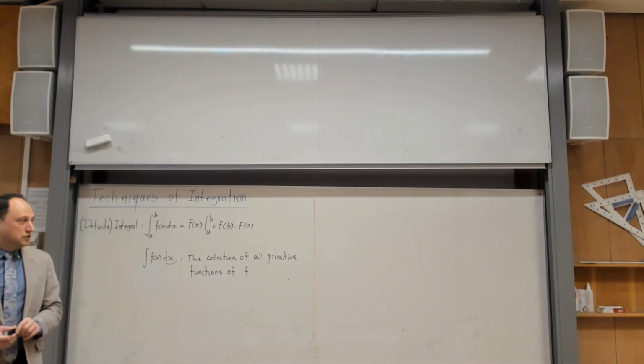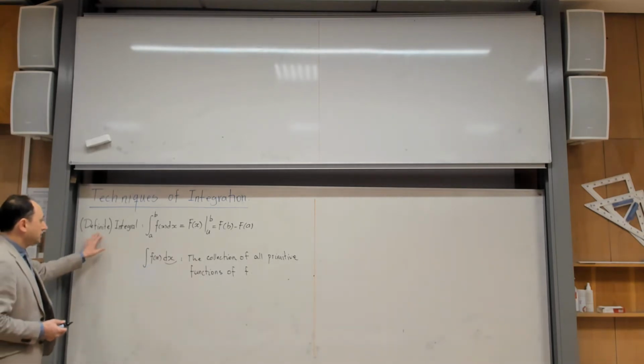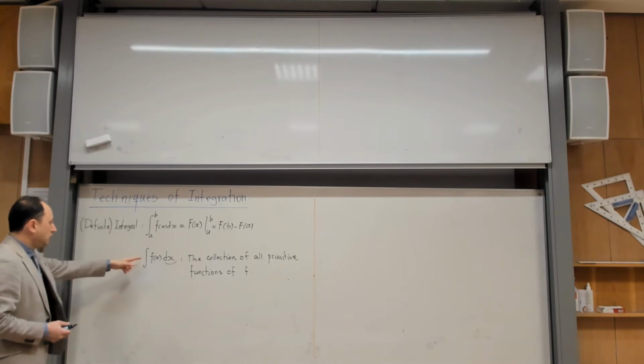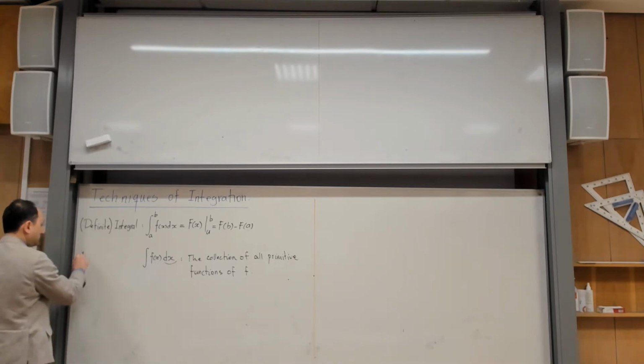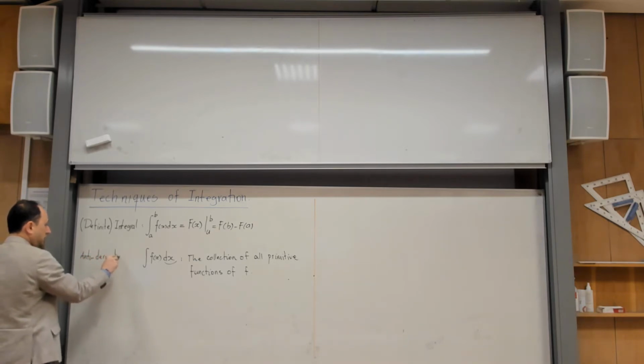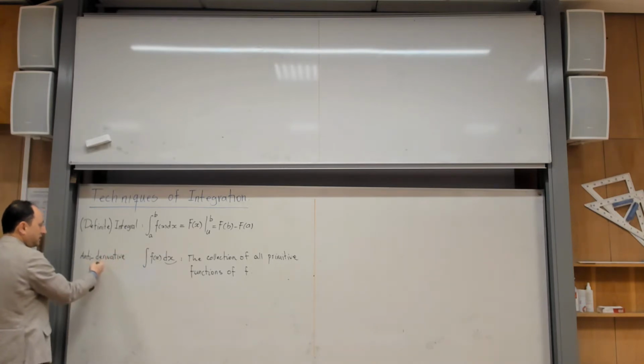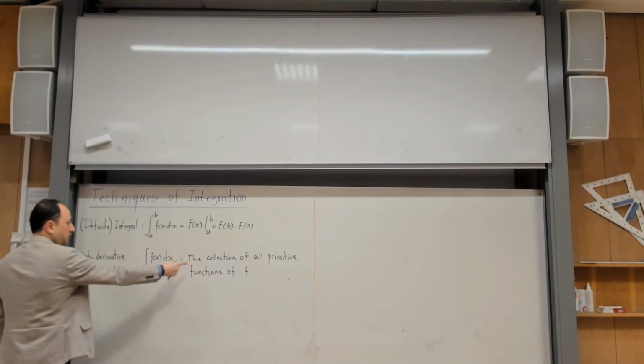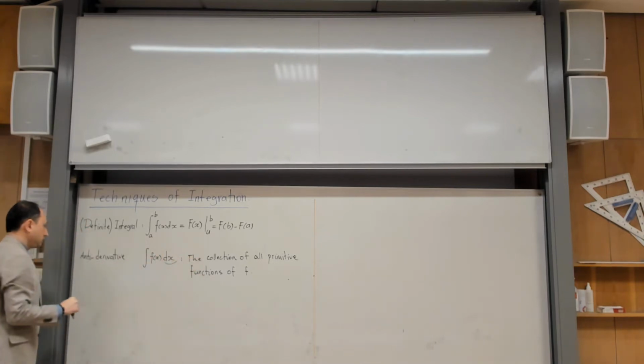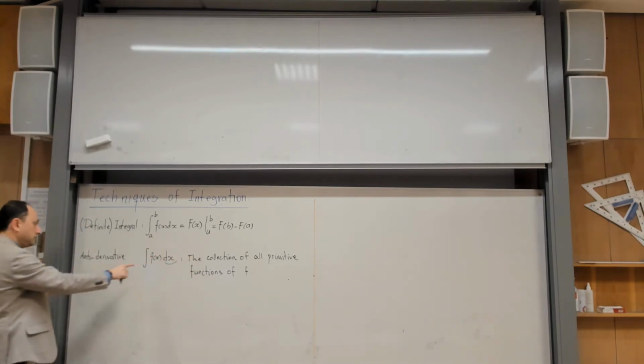So instead of talking about a primitive function, I can call it an antiderivative. Some people call it antiderivative. This is a good name. Why? Because it is against differentiation. You get a function whose derivative is f of x.